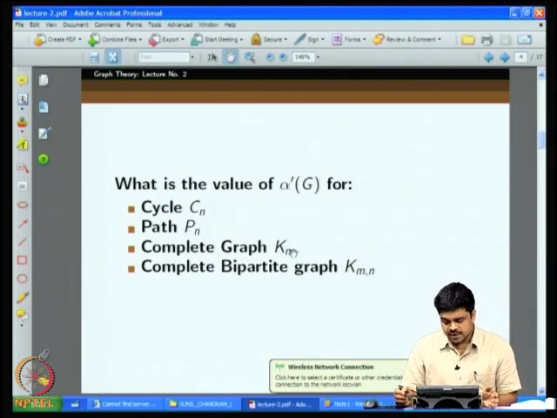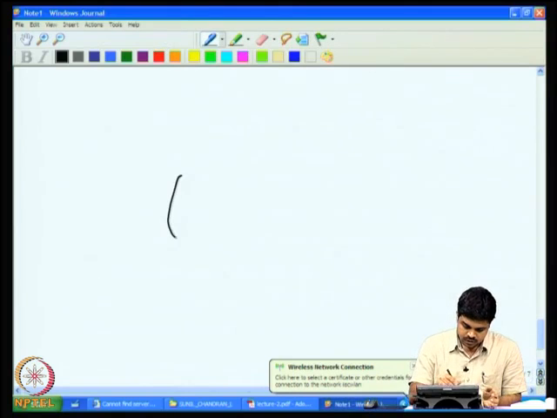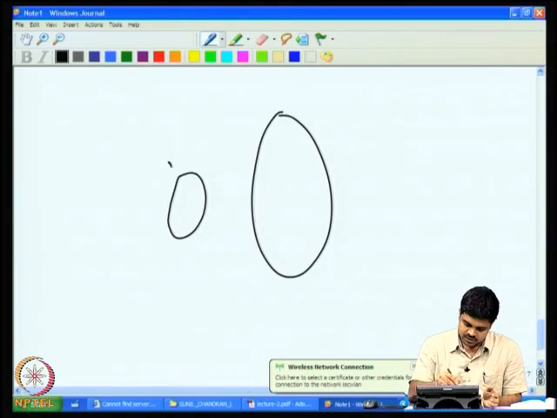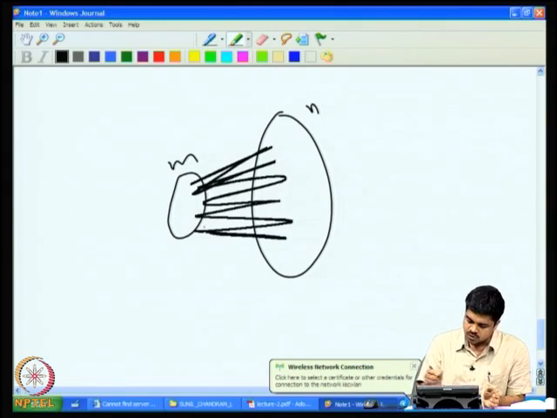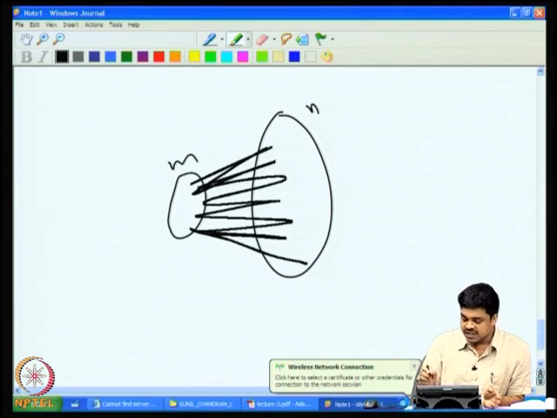For a complete bipartite graph Kmn, where m is less than or equal to n, what should be the biggest possible matching? It is not very difficult to see that. If we consider a complete bipartite graph, there are m vertices here, n vertices here, and the edges are like this, all the edges between these. Of course we cannot get more than m, right. Why? Because any edge in the matching should have one endpoint here and one endpoint here.